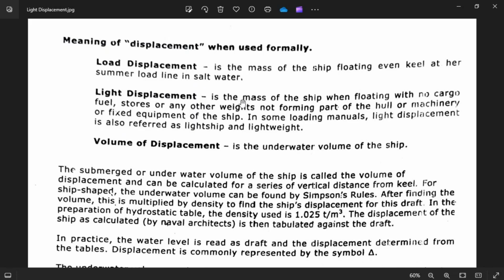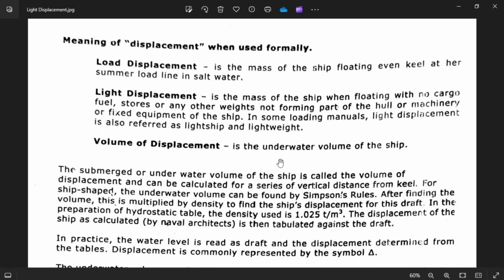Light displacement is the mass of the ship when floating with no cargo, fuels, and other weights not forming part of the hull or machinery or fixed equipment. In some loading manuals, light displacement is referred to as light ship or lightweight. So light displacement, guys, can also be called light ship or lightweight.